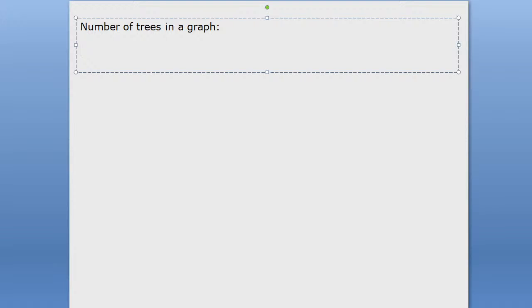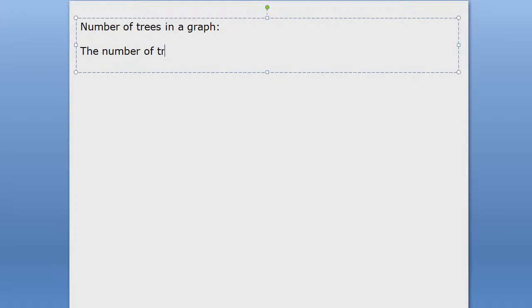Okay, so to calculate the number of trees for a graph, we will use a formula. Okay, and I will solve a problem by using this formula.